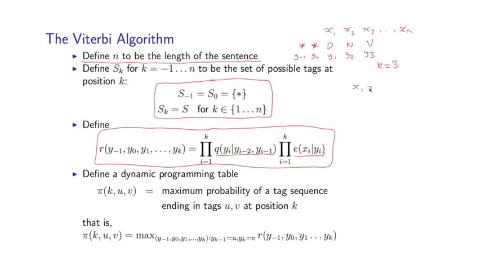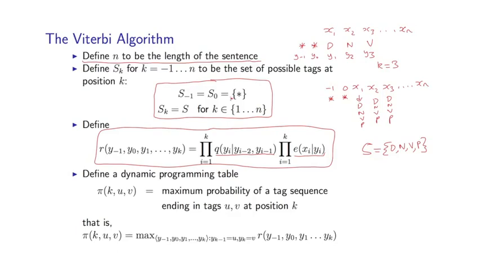So again, if we think about this input sentence, x1, x2, x3 up to xn, and let's say S is our set of possible tags, say D, N, V, P, then at any of these positions, 1, 2, and so on up to n, we have 4 possible tags, D, N, V, P. And at positions 0 and minus 1, we have a single possible symbol, star.